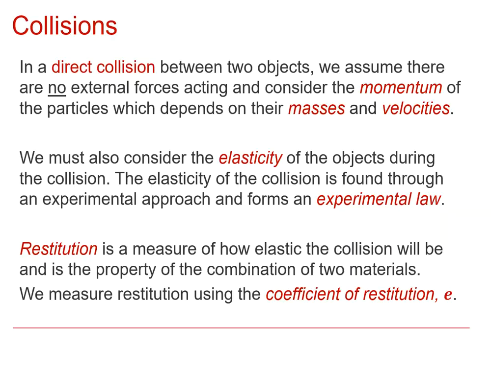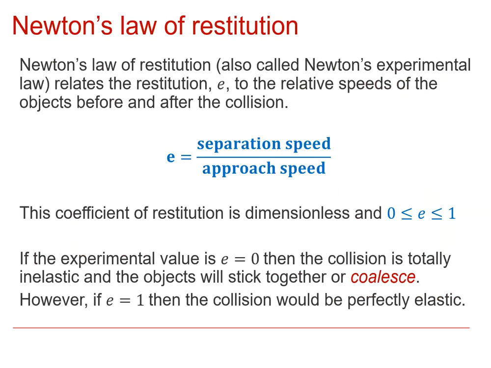Now, the thing we use to measure restitution is called the coefficient of restitution. That's given the letter e. And that's defined by Newton's law of restitution as the separation speed divided by the approach speed.